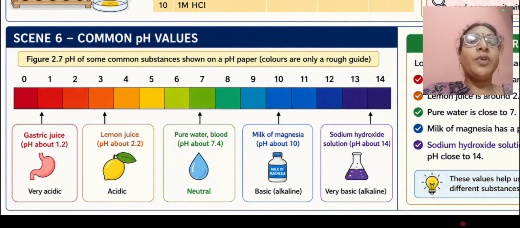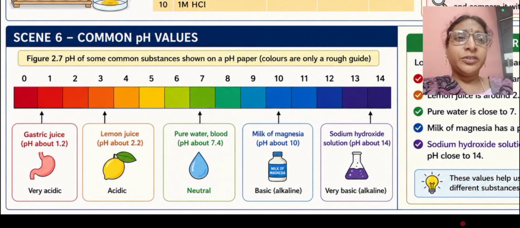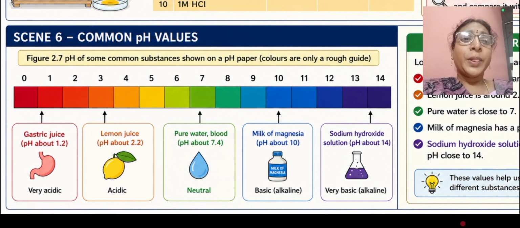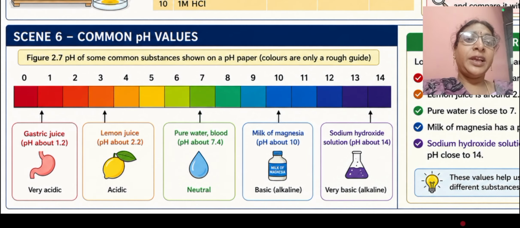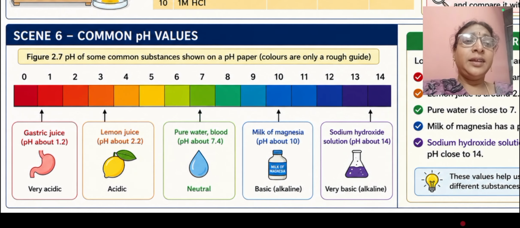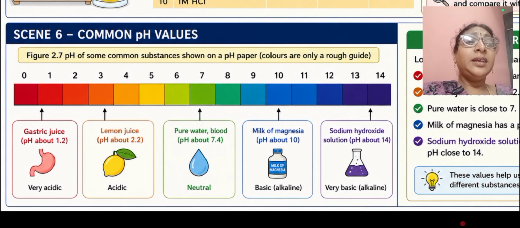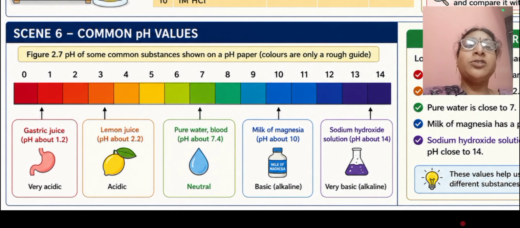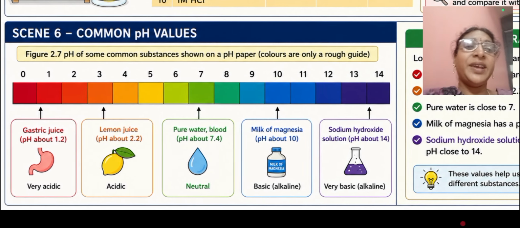Pure water and blood have a pH of about 7.4, so they are neutral. Milk of magnesia has a pH of 10, so it is basic. Sodium hydroxide has a pH of 14, so it is a strong base. In this chart, gastric juice is a strong acid and sodium hydroxide is a strong base.